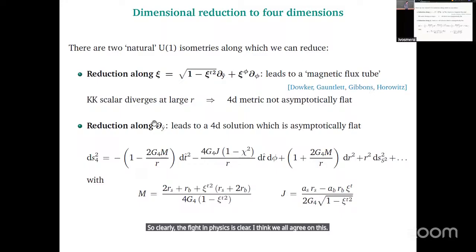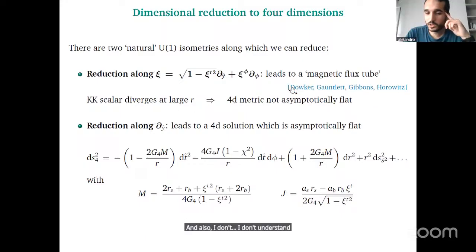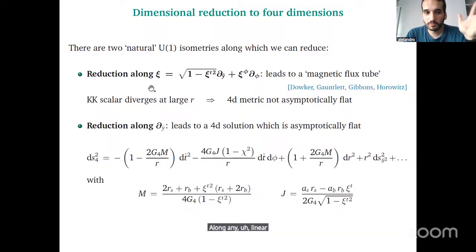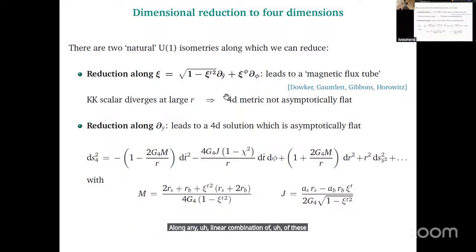Yeah, definitely. And also, I don't understand. Do you agree with what Dokker, Gauntlett, and Gibbons and Horowitz say in the paper, because they clearly say that you can reduce along any linear combination of these? Integer, so it will not solve your problem. Sorry?